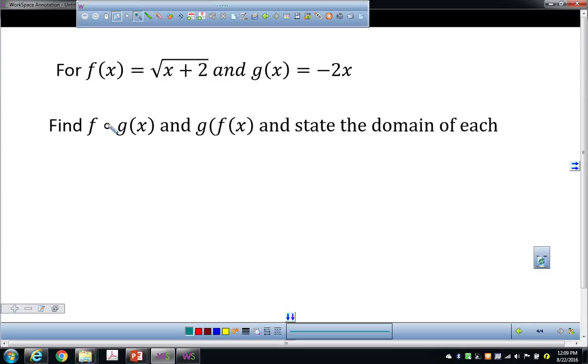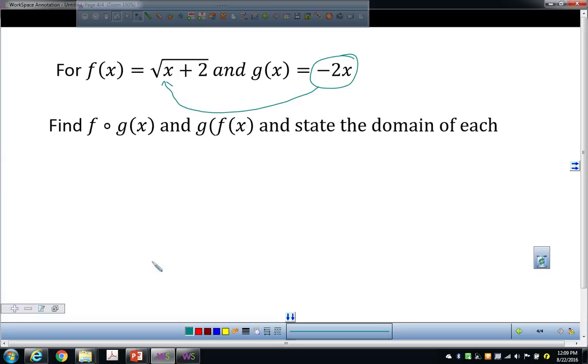This means f of g of x: you take g and plug it into f. This means g of f of x: you take f of x and plug it into g. So f of g of x means you put g in for x in f, which looks like the square root of negative 2x plus 2.